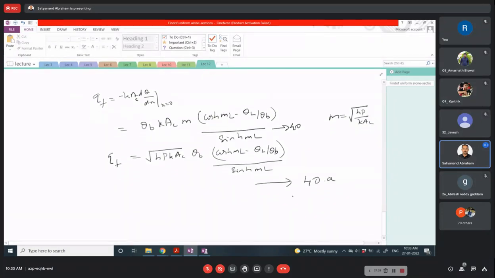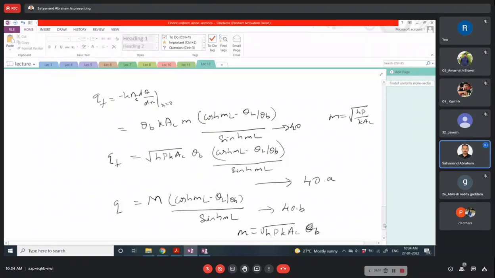In some textbooks, this root of hP kA_c into θ_B is termed as capital M, because it comes again and again in many of the equations. So capital M into cos h mL minus θ_L by θ_B divided by sin h mL, where M is equal to the square root of hP kA_c into θ_B.